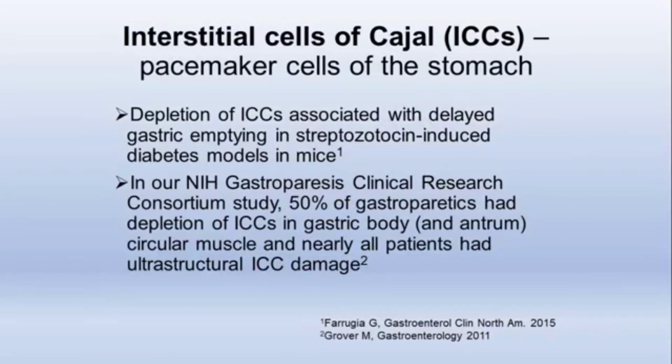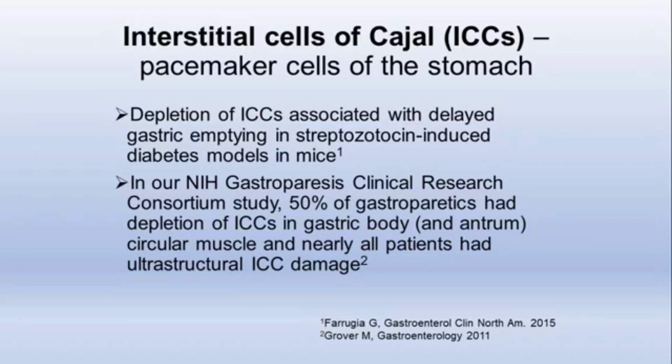And now we know over the last number of years, with some research that's been driven by several centers, including the NIH Gastroparesis Research Consortium, that the pacemaker cells are identified.